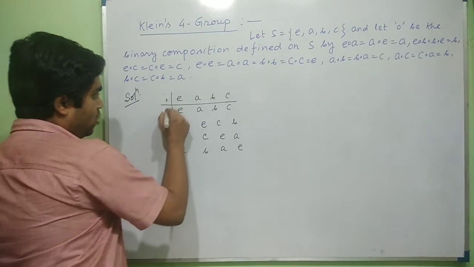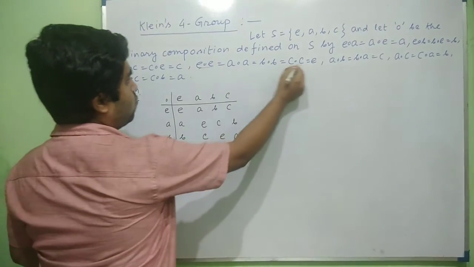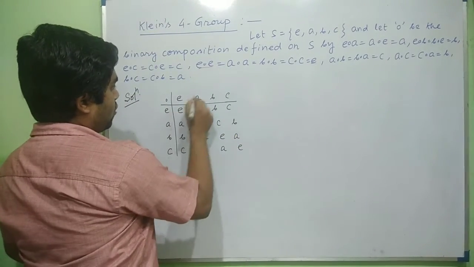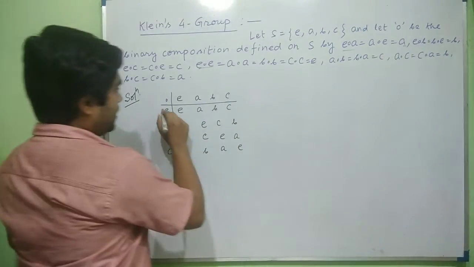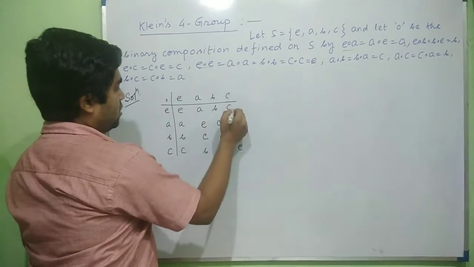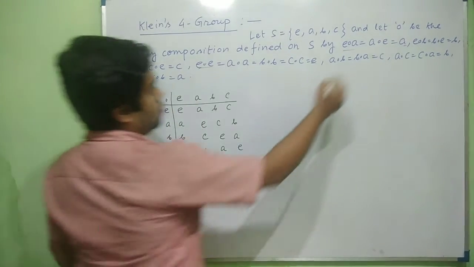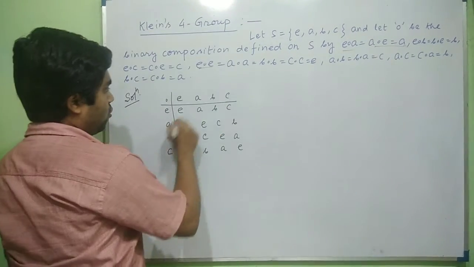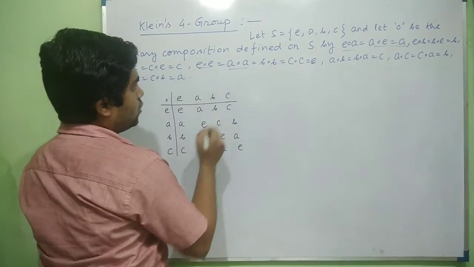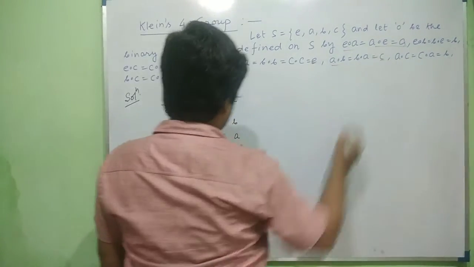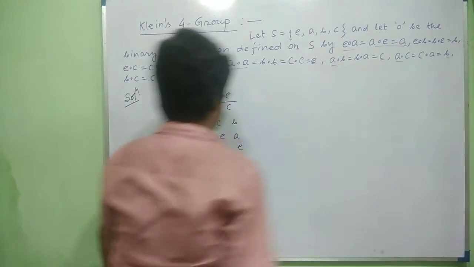We can see that e o e equal to e. It is defined already. Again e o a equal to a. This is also defined. Similarly e o b equal to b, e o c equal to c. Again a o e equal to a, this is also defined already. a o a equal to e, given. a o b equal to c, it's also given. a o c equal to b, it's also given.